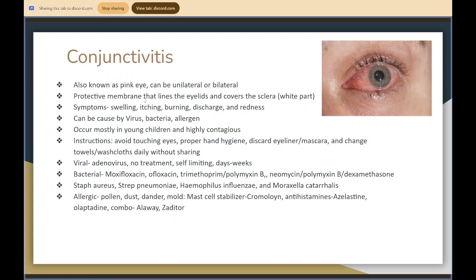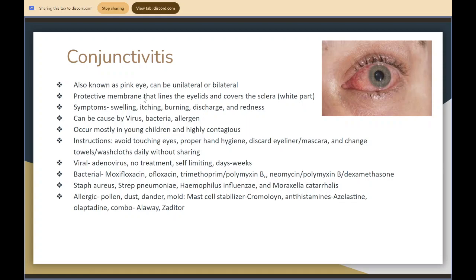Next, we have bacterial causes. This is out of order, but we'll do the types first: Staph aureus, Strep pneumoniae, Haemophilus influenzae, and Moraxella. These four are the most common causes of bacterial conjunctivitis. Some of the treatment options we have, these are also listed backwards.